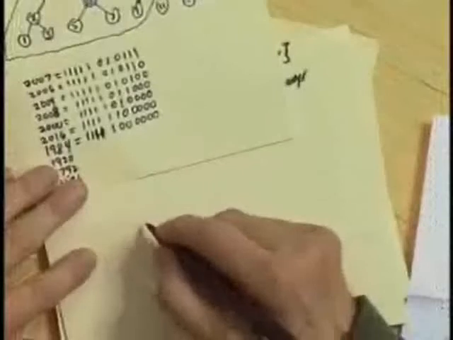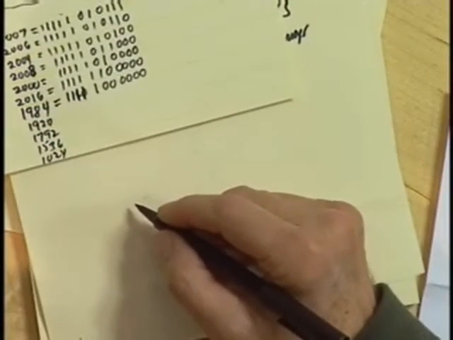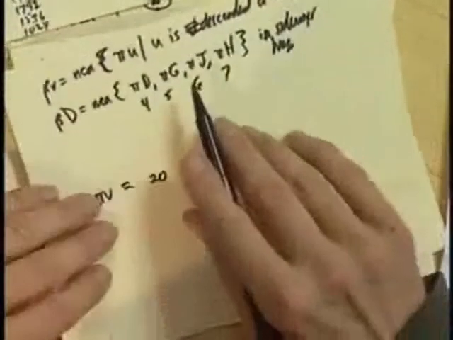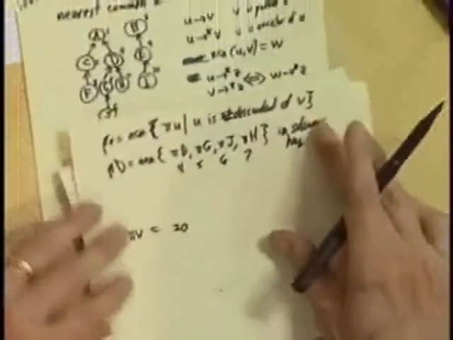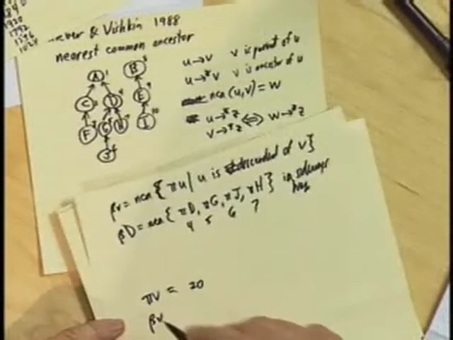So if we ask ourselves then, if we have some node and its pre-order number is, let me take a random number like 20. Suppose pi of V is 20. So I have the 20th node in my given forest, and now how can I figure out beta V?